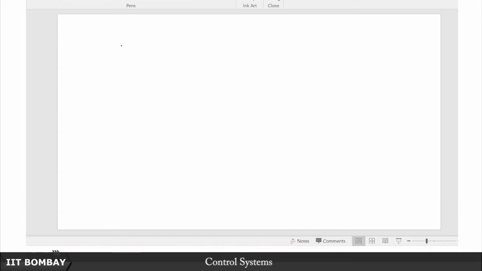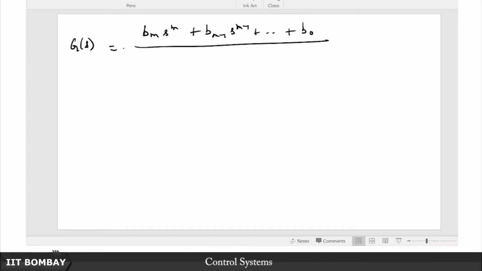Here's how. So again, go for that plant. It's bm s to the m plus bm minus 1 s to the m minus 1 plus dot dot dot till b0, divided by, so suppose this is your g of s, s to the n plus a n minus 1 s to the n minus 1 plus dot dot dot till a naught.